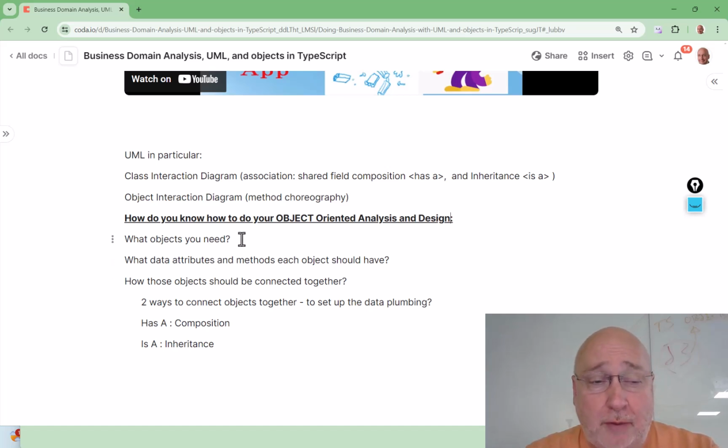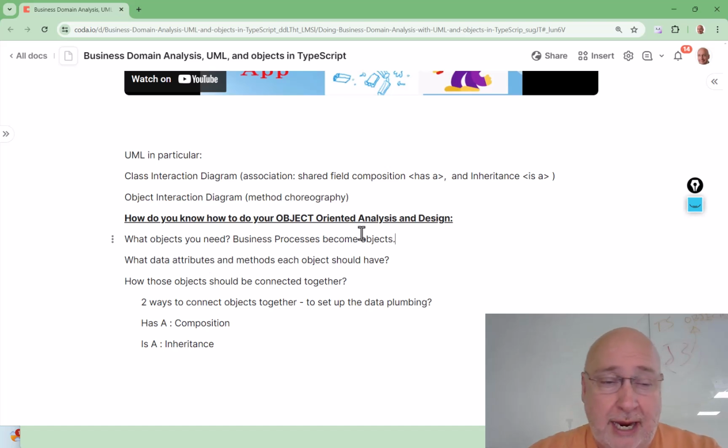So what objects do you need? Business processes in your business domain will become objects. And data attributes and methods, you'll get it from studying the business domain, applying lexical analysis, looking for nouns and verbs.